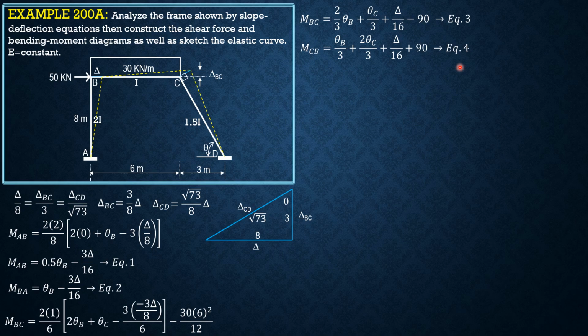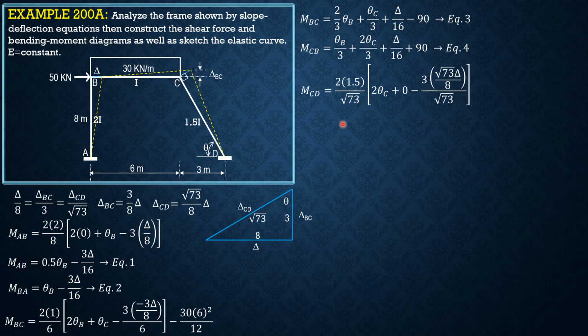Call that equation 4. Then MCD, rotation is clockwise. So 2 times EI 1.5 over L square root of 73, quantity 2 theta C plus theta D, 0 minus 3 times square root of 73 delta over 8 over square root of 73.